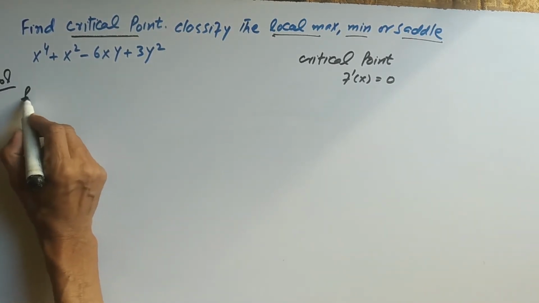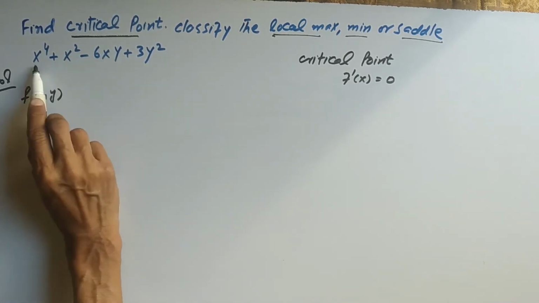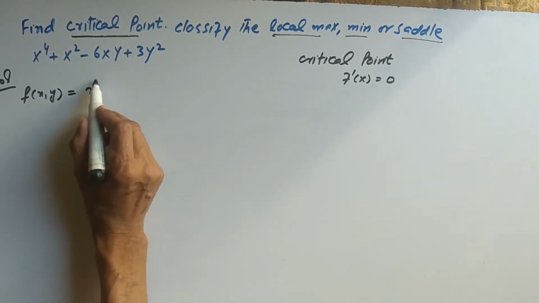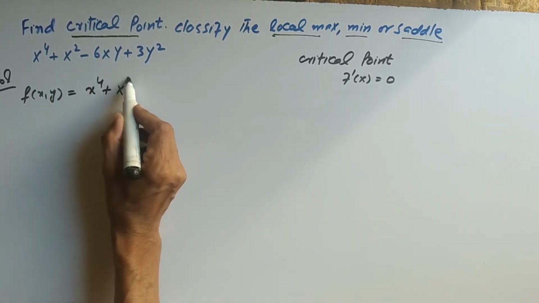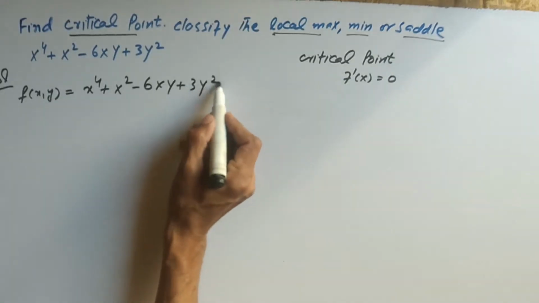We call it f of x, y, that is a function of two independent variables x and y. So we write it as f(x, y) = x^4 + x^2 - 6xy + 3y^2.